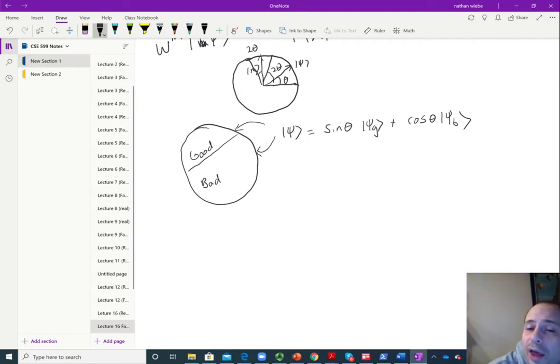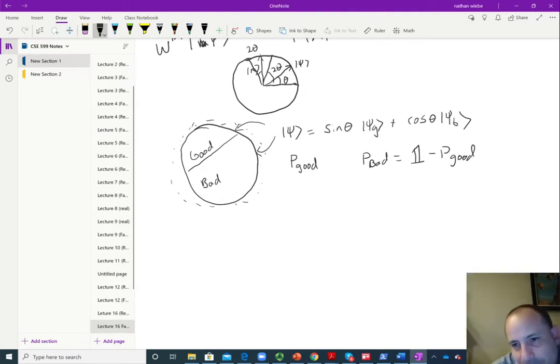We can express this in different language by creating a projector onto the good space, P_good, and P_bad, because the two projectors have to add up to the identity, meaning every state has to be in the support of either the good or the bad subspace. P_bad can be written as identity minus P_good, just like the probability of getting bad is 1 minus the probability of getting good.